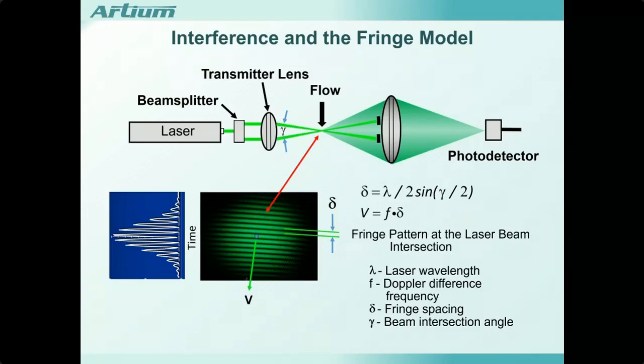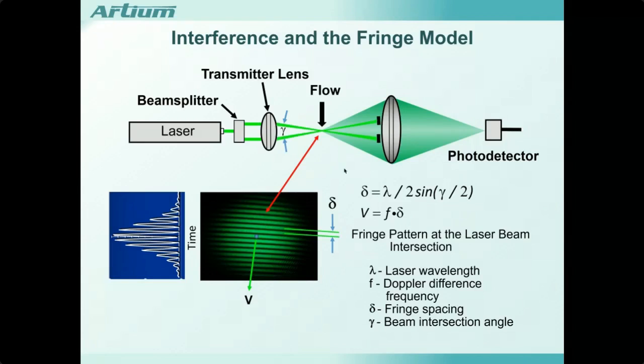When the particle passes through that pattern, it generates what we refer to as a Doppler burst signal. That signal has a Gaussian envelope, which is due to the Gaussian intensity distribution of the laser beam. The modulation frequency, which we call the Doppler component of the signal, is due to the particle passing these bright and dark interference fringes.